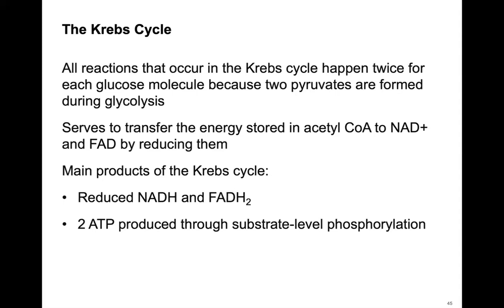Those electron carriers will then pick up that energy and transfer it to the electron transport chain. The main products that you're going to observe with the Krebs cycle are that you end up producing reduced NADH and FADH molecules, as well as 2 ATPs, which will be produced by substrate level phosphorylation.